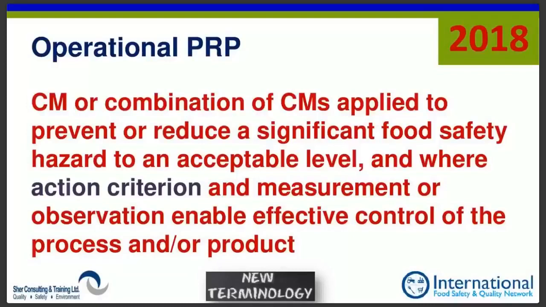So no, John, no. John's asking if every PRP is an OPRP. No. A lot of PRPs are there because they're important, just like a lot of control measures that in the past weren't critical or still aren't critical. We have them because they are part of the whole idea of making food safer. So everybody washes their hands all the time. In most occasions, that's not critical, hand washing.